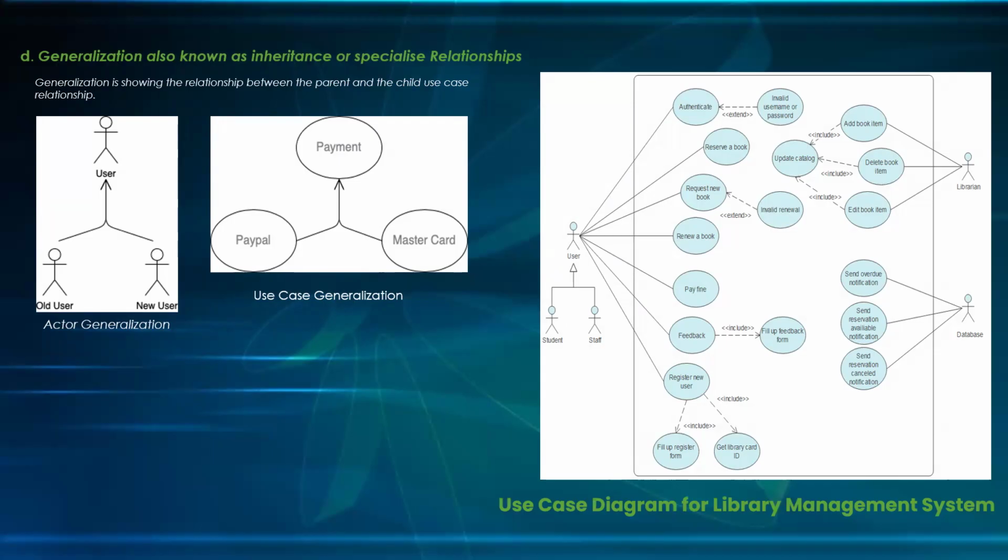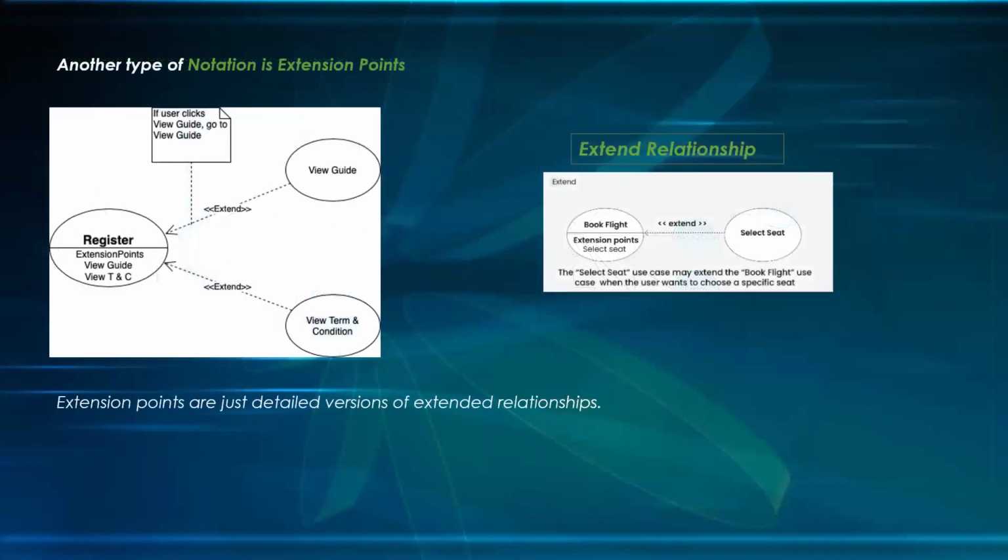But in this case, the extension point is not only like the extend relationship, it's more detailed. Instead of just saying if you want to register, you have to seek the guide, you view the guide first so that you can read the instruction, or you read the terms and conditions before you come back to complete.